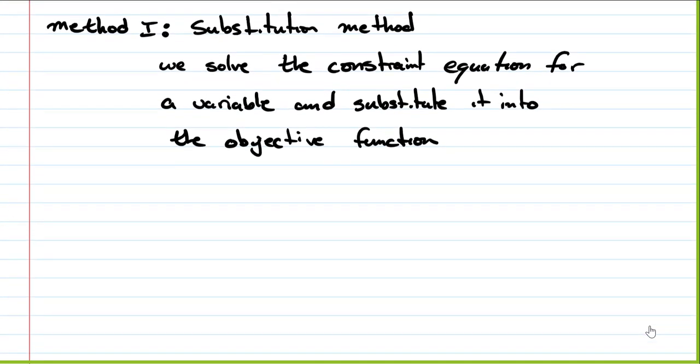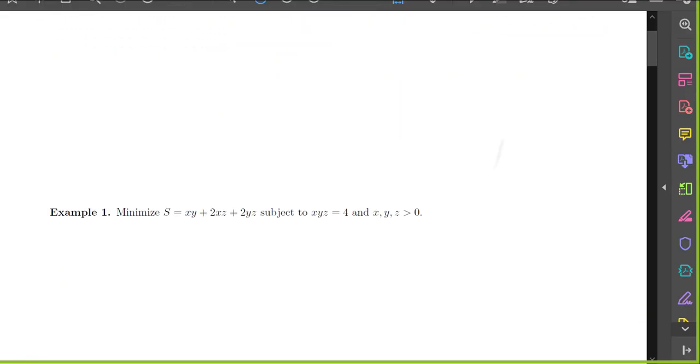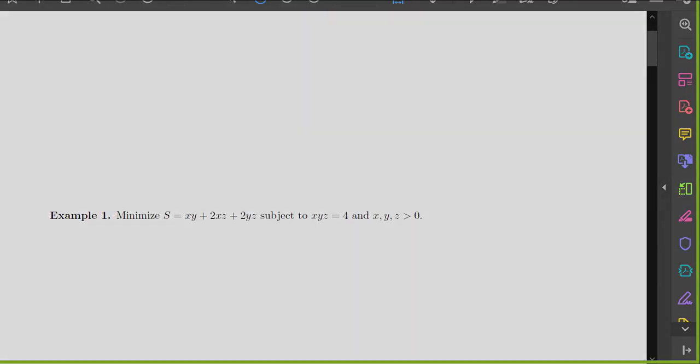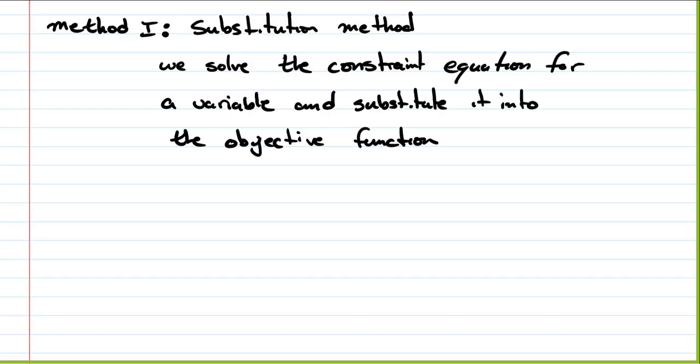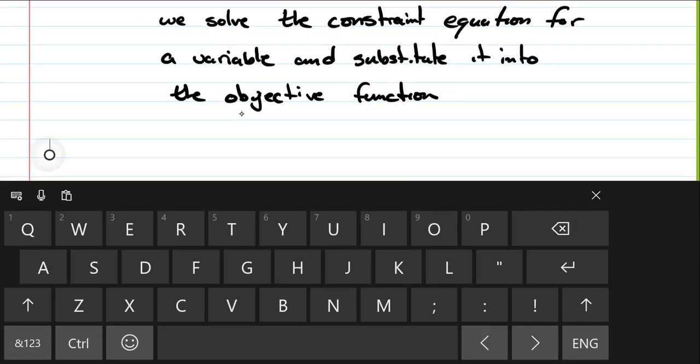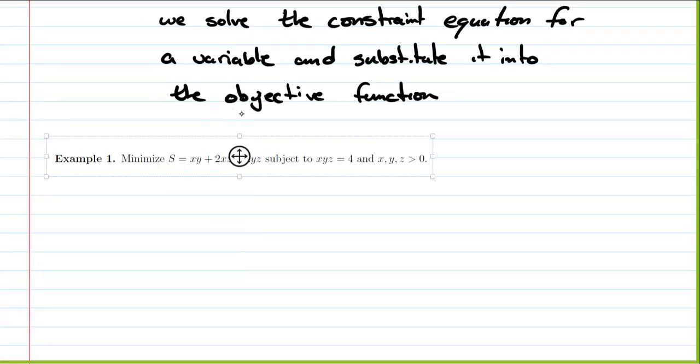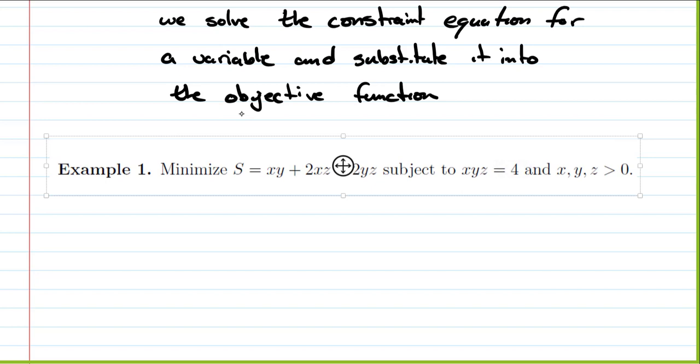So let's go ahead and use this method on example number 1. So we want to minimize S equals xy plus 2xz plus 2yz, subject to the constraint x times y times z is equal to 4, and x, y, and z all have to be positive numbers.